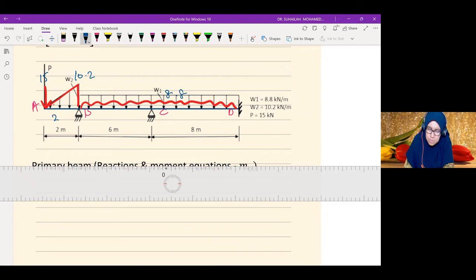The distances are 2 meter, 6 meter, and 8 meter.